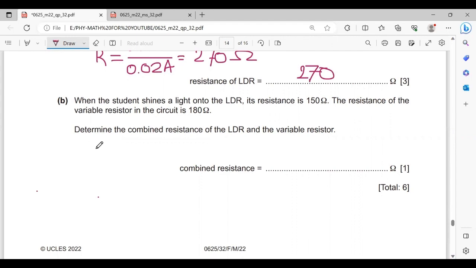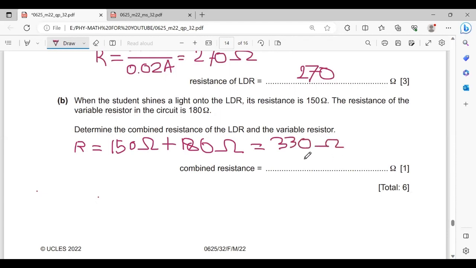Okay, so combined resistance, or R. The combined resistance is 150 ohms plus 180 ohms equals 330 ohms. 330 ohms. Okay.